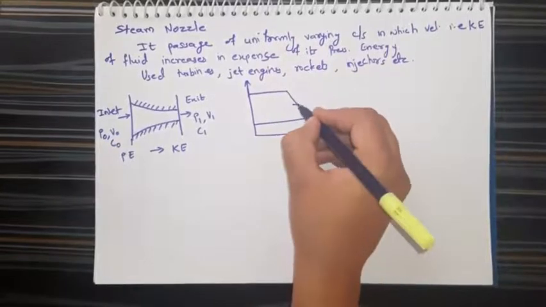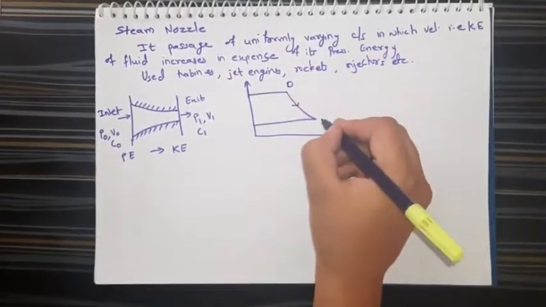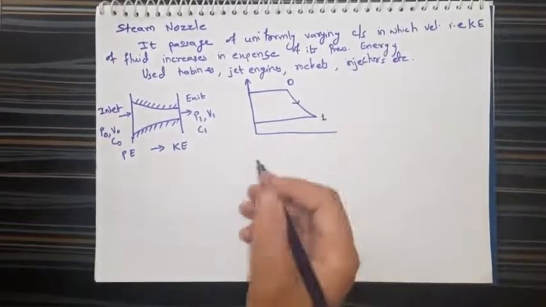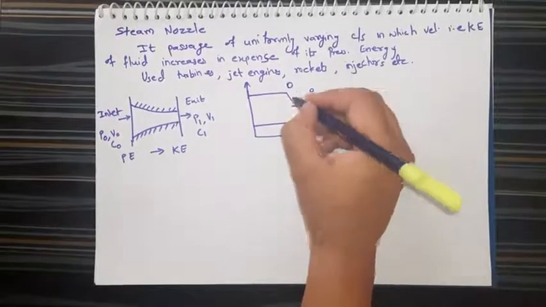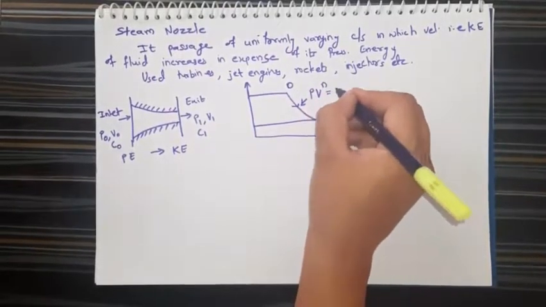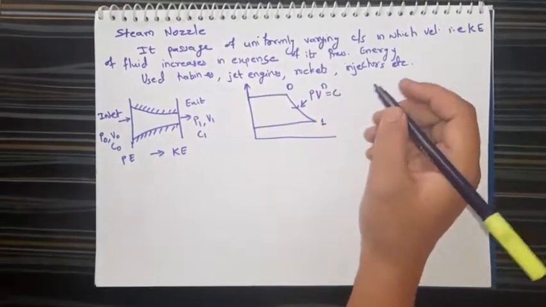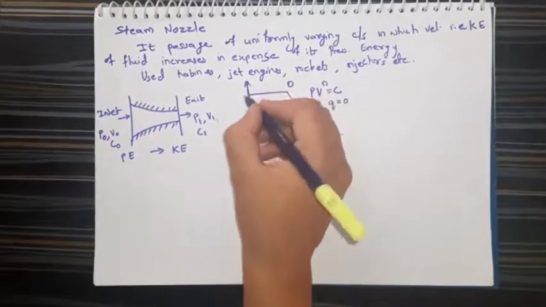So for the nozzle, let's say this is the inlet condition 0 and this is the exit condition 1. The equation for this process is PV raised to n equal to constant, that is the adiabatic equation. Here Q is equal to 0.